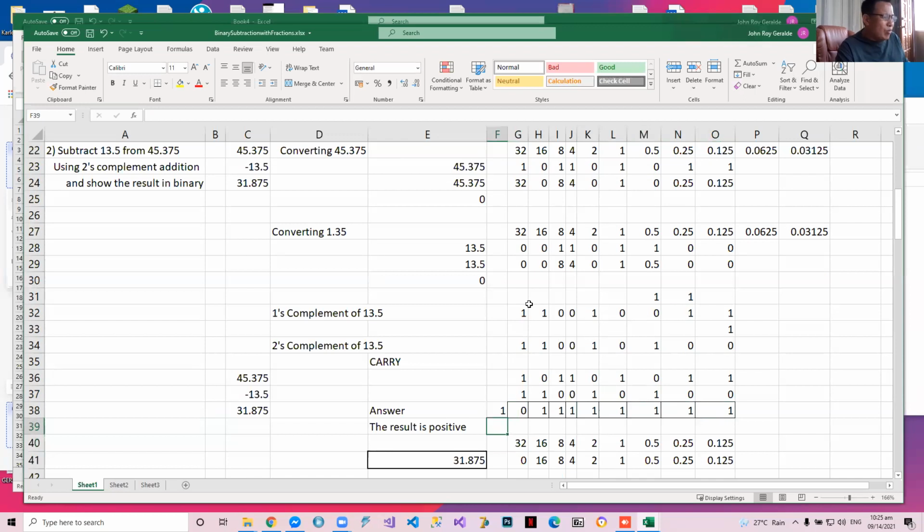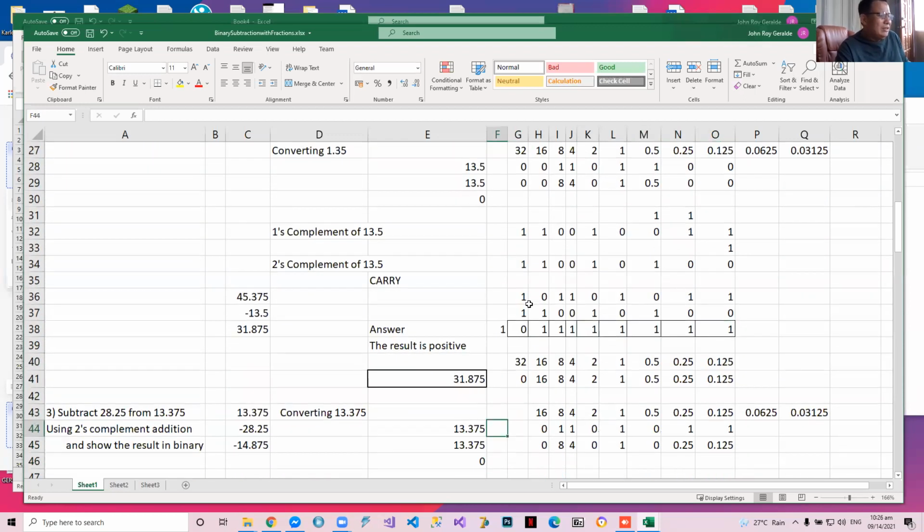So this is 1. Now this is a positive. So we just normally convert this. No? The answer for this is 31.875 if you use a formula. So this is still correct. 31.875.